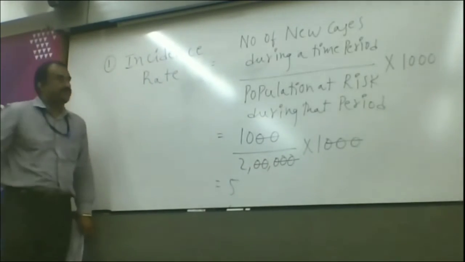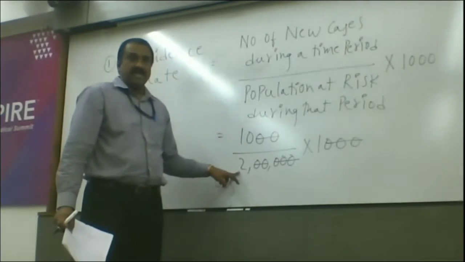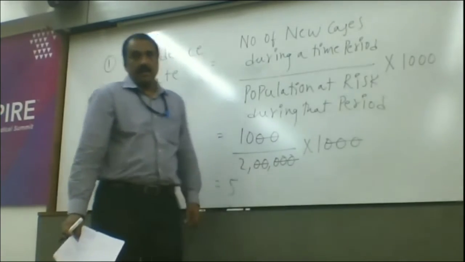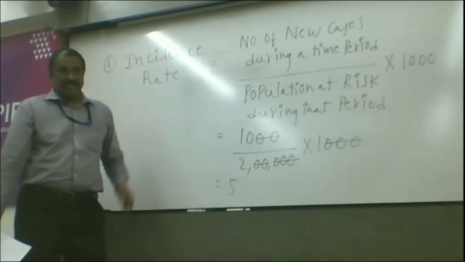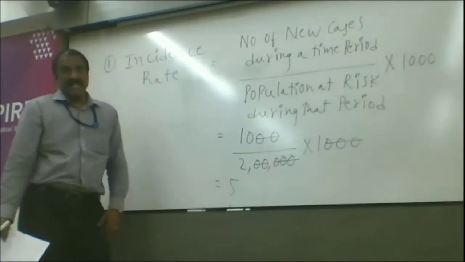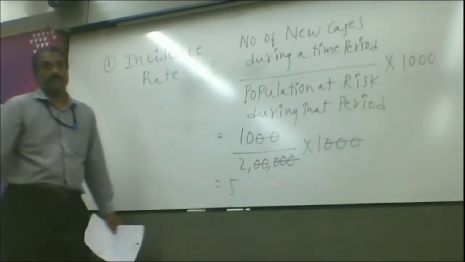Please go through. The new cases are 1,000 and population at risk is 2 lakhs, and we are going to multiply with 1,000. So this is per 1,000 members, and the incidence rate is 5. Any doubts? Please go through.